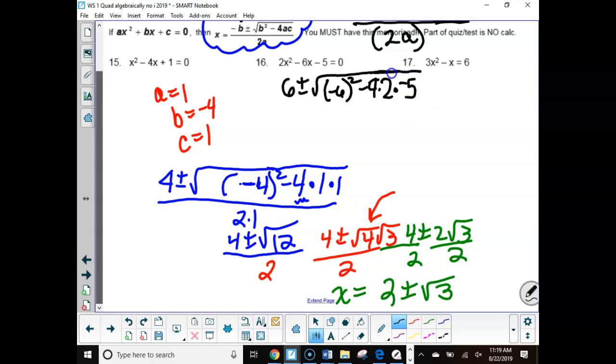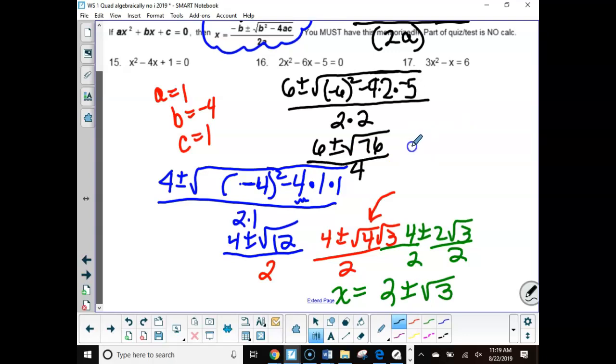Be very careful. All over 2 times 2. So I have 6 plus or minus. This is where students mess up. This should be 76, I think. Did anybody get square root of 76? Yes. All over 4.